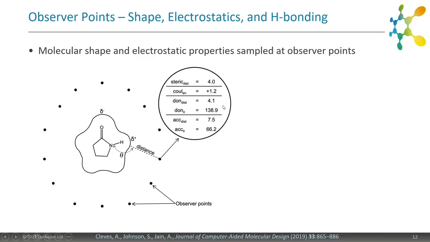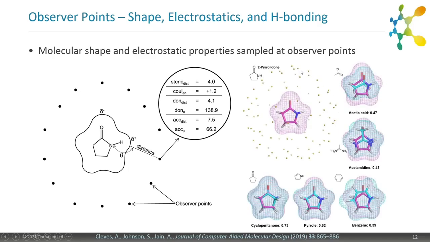And with these properties, if we move from this 2D representation to a more realistic 3D representation here of our reference ligand, pyrrolidone, you can see that we can compare the shape similarities from these alignments for various molecules, and then come up with an alignment score between 0 and 1, very much like the similarity values here.